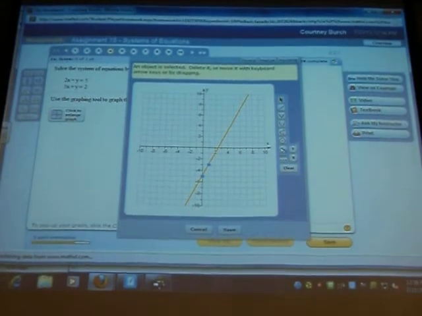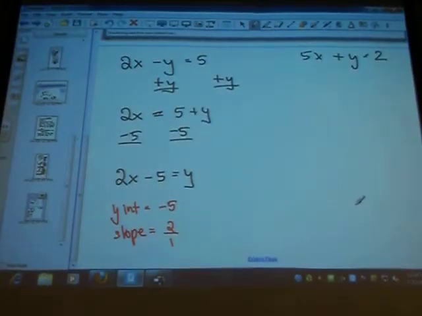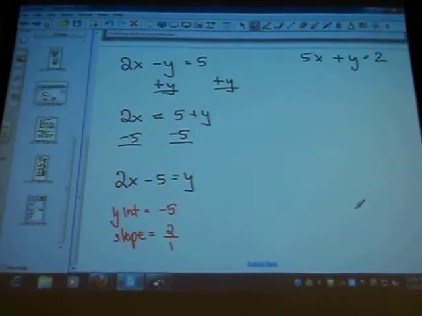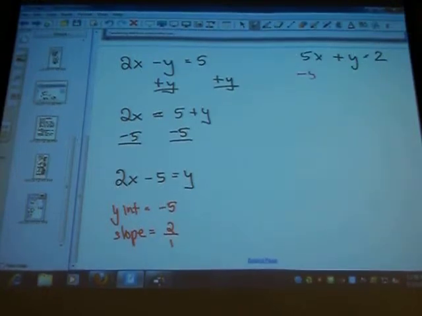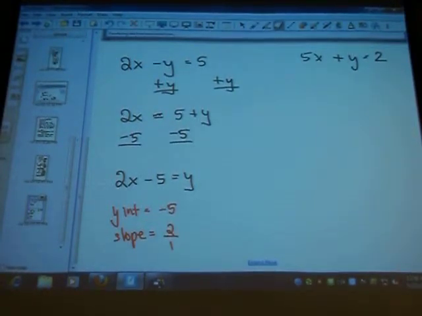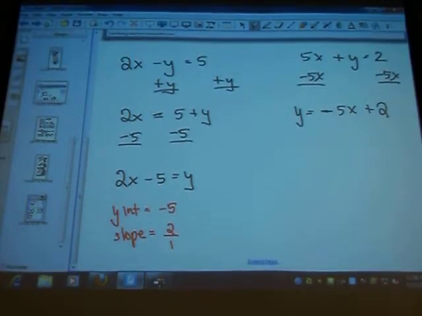Now let's rearrange the other equation. What do I want to do with 5x plus y equals 2? Subtract 5x from both sides. That gives me y equals -5x plus 2.